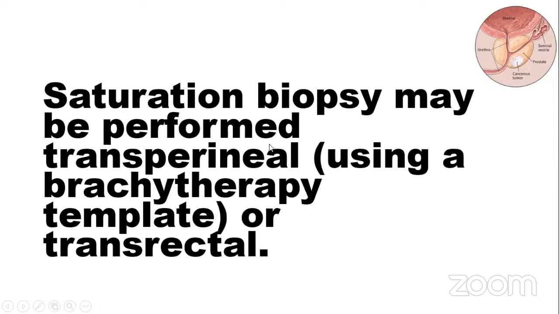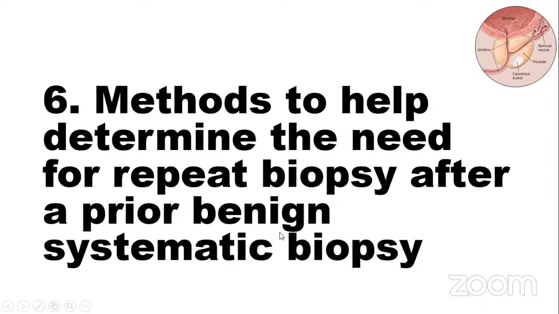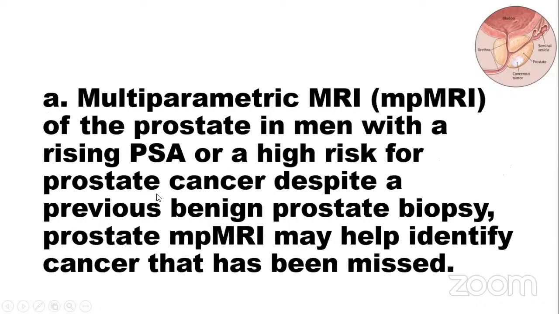Saturation biopsy may be performed transperineally using brachytherapy templates or transrectally. Saturation biopsy is an alternative to repeating a standard 10 to 12 core systematic biopsy, a method to help determine the need for repeat biopsy after prior benign systematic biopsy.